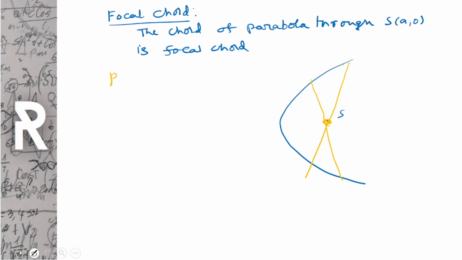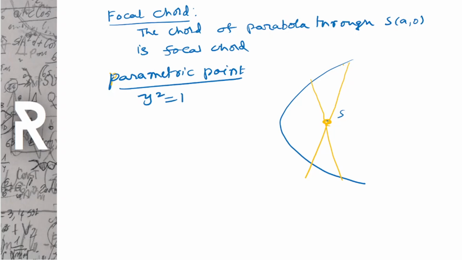And one more thing, the parametric point for y² = 4ax. A parametric point uses a single parameter to cover all the points.